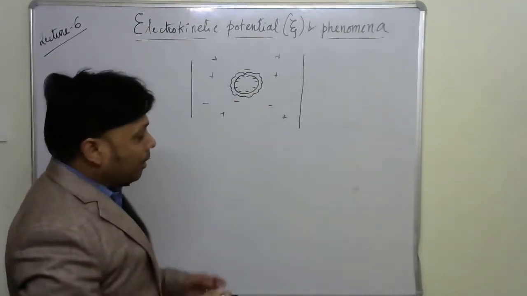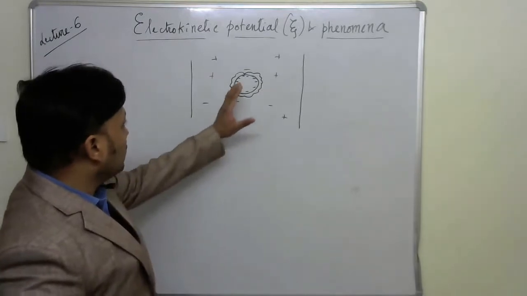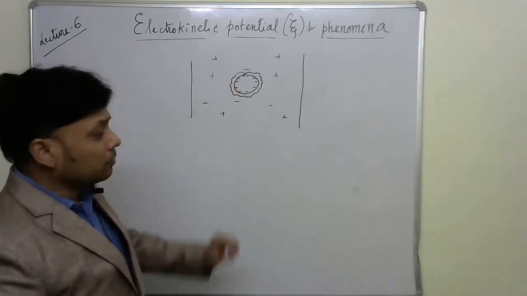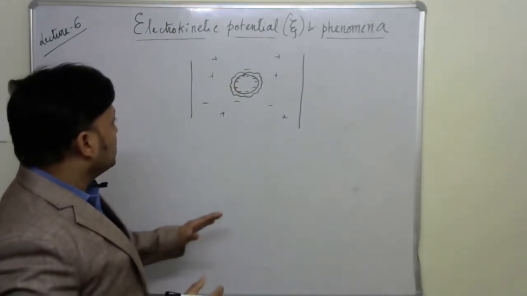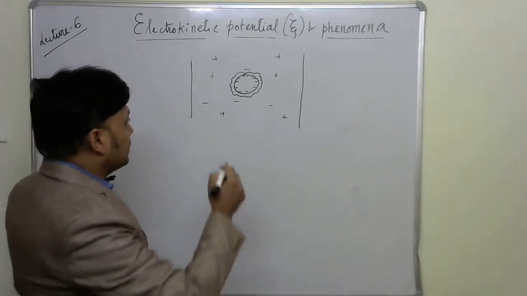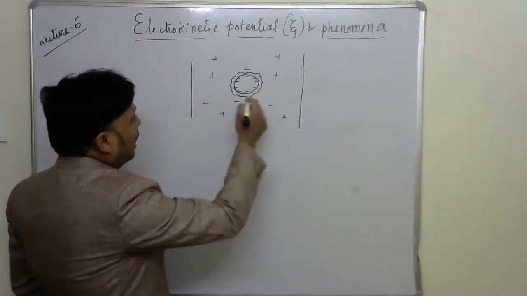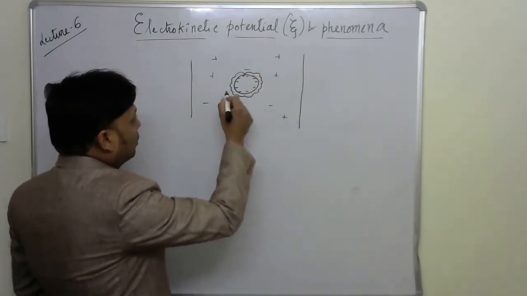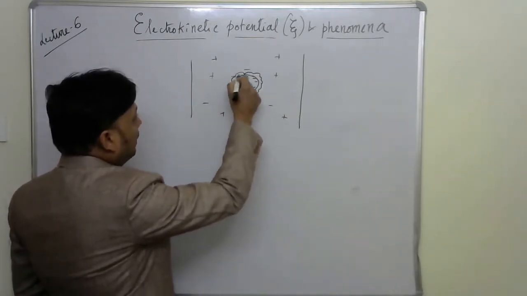I'm not drawing the Stern layer, etc., but from whatever knowledge we have gathered so far, we can expect that the charge at this surface of shear would also be negative.